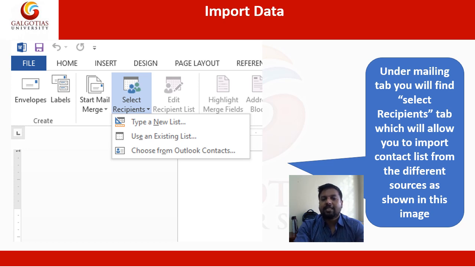This option means you can import data from Excel, from Access, or from Outlook, from wherever you want to import it. And the last one is choose from Outlook contacts, which allows you to use the contacts of Outlook. You can use any of these options to import the data for your document or your letter.